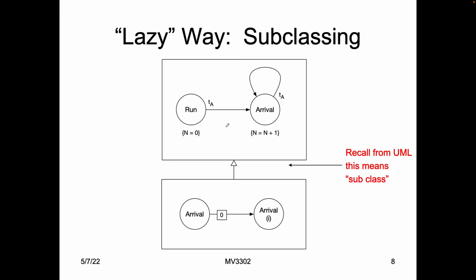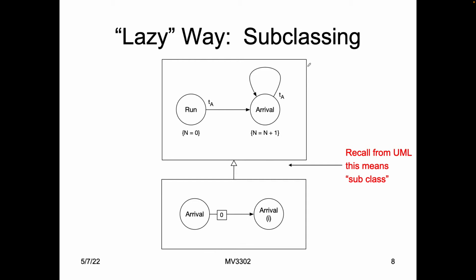Nevertheless, we're lazy, bless you, or at least I'm lazy. The programming virtue of laziness says if you've already done something, then don't do it again, because if you try to do it again, the chances are you'll screw it up, at least if you're me. So the lazy way is to subclass our arrival process.